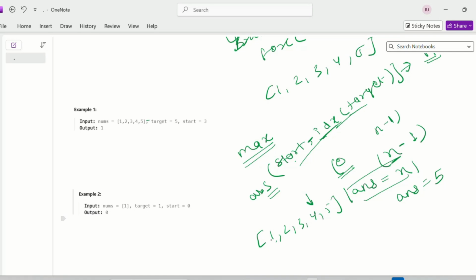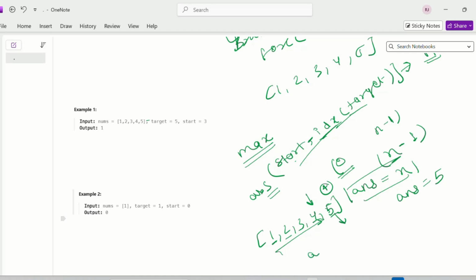We will try to find the target value 5 and traverse the array. 1 equals 5? No. 2 equals 5? No. 3 equals 5? No. 4 equals 5? No. 5 equals 5? Yes. Its index is 4.